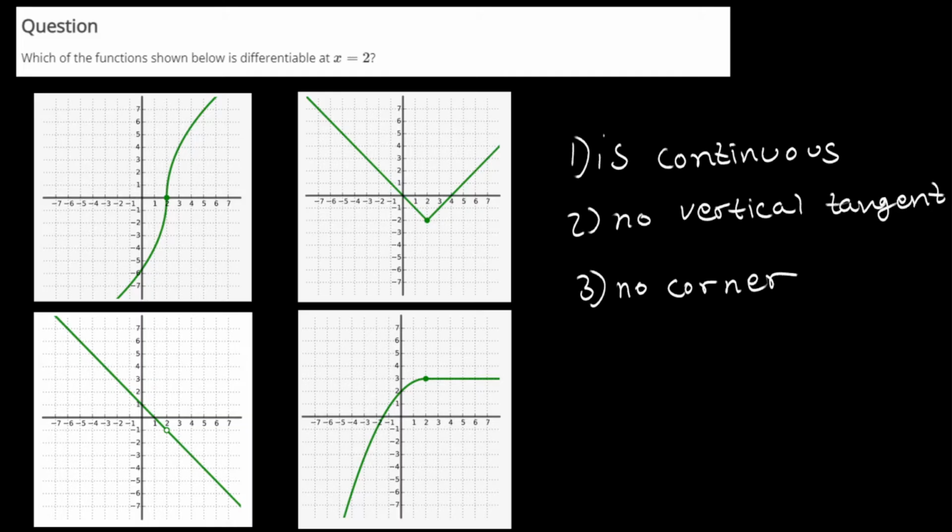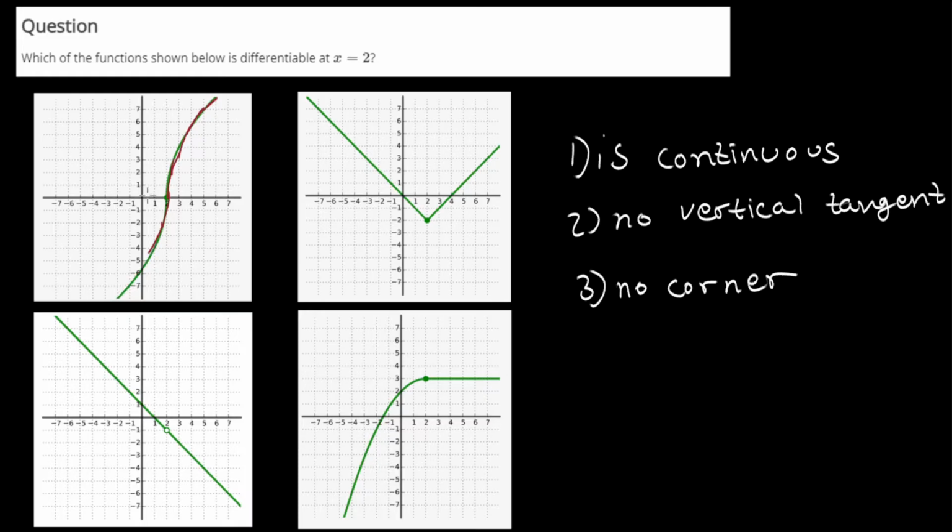Okay, so let's pick a decently dark color for this. Here, is this function continuous? Yeah, I would say it's continuous. I don't see any breaks. I could draw it perfectly fine without lifting my pencil. This is a continuous function.